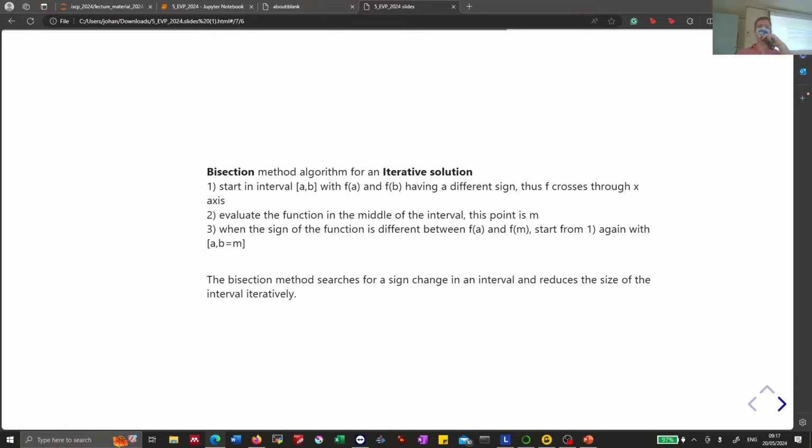Important to note is it's an iterative solution. We need to have certain iterations. An iteration is something we do all over again and again. And we have done this in for loops already.